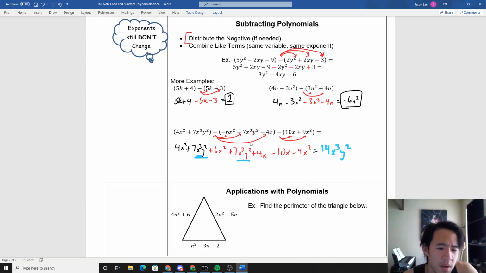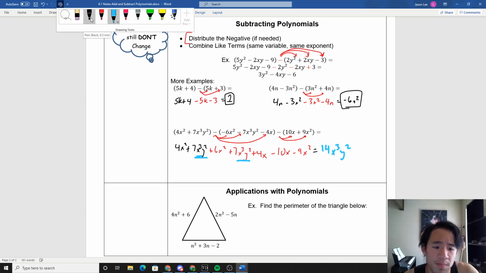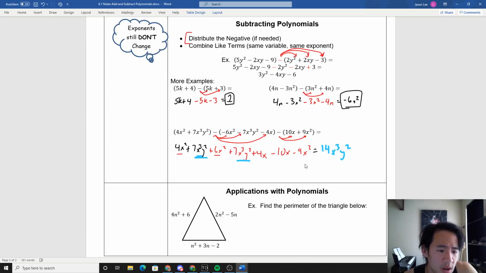And then let's go ahead and combine the x squared next, because that's kind of the next biggest one. So it looks like we have 4x squared here, 6x squared here, and minus 9x squared here. So that's going to be 4 plus 6, which is 10, minus 9, which is 1. So we're actually just going to have plus x squared.